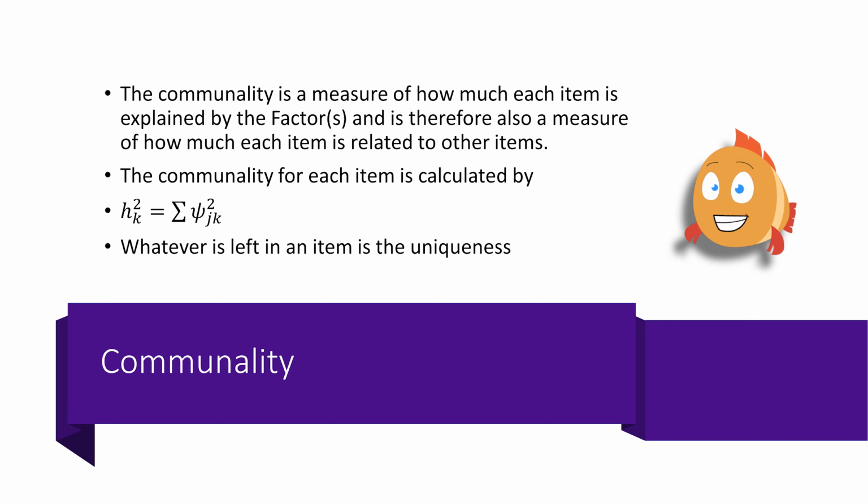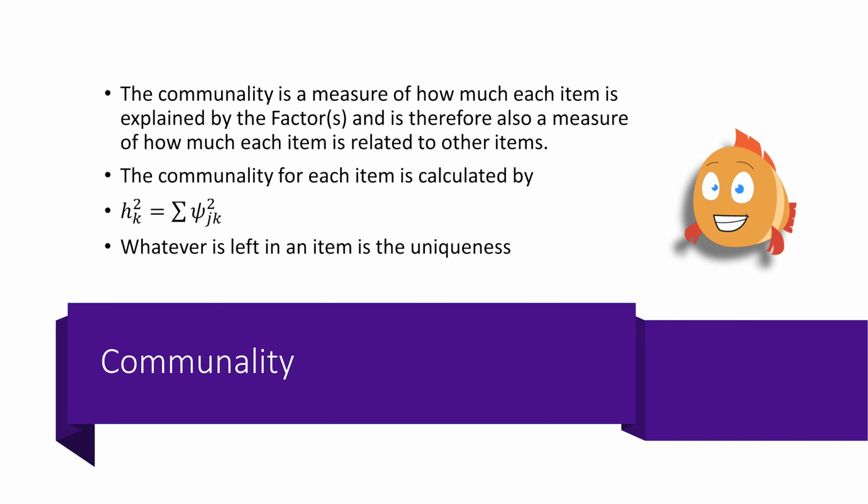Now, the commonality that we were talking about way back a couple slides ago is a measure of how much each item is explained by the factors, and therefore is also a measure of how much each item is related to other items.